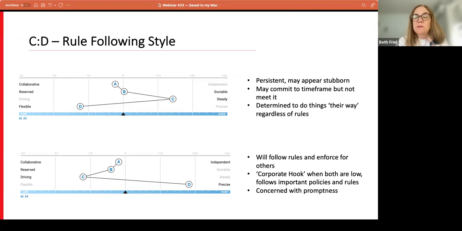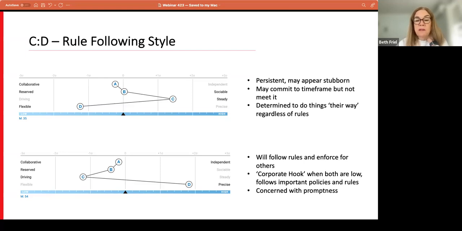We also may refer to it as some stubbornness. I want to do it my way, and I'm going to stick to it. They'll stick to it until they're done. Again, they'll commit to a time frame, but they may not meet it. Determined to do things their own way, regardless of the rules.